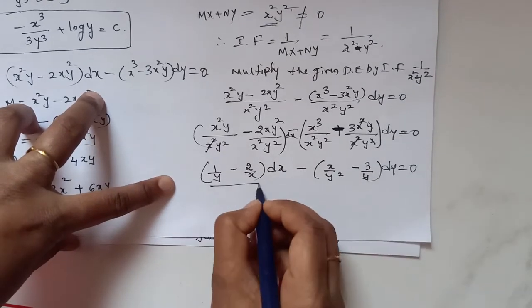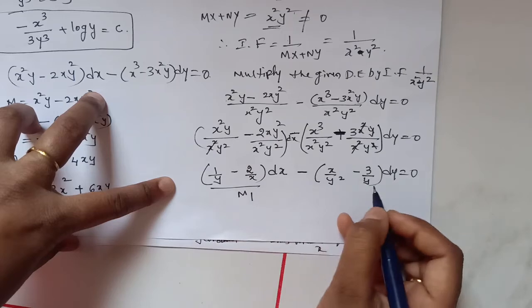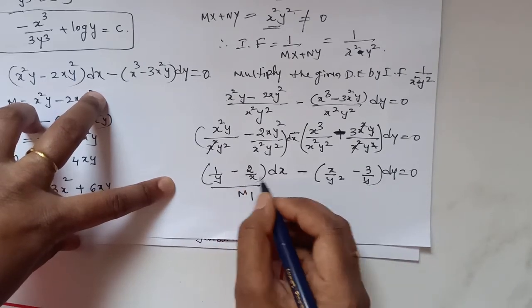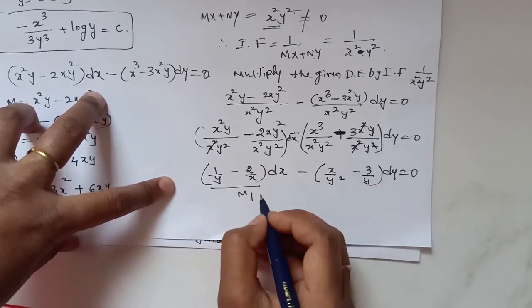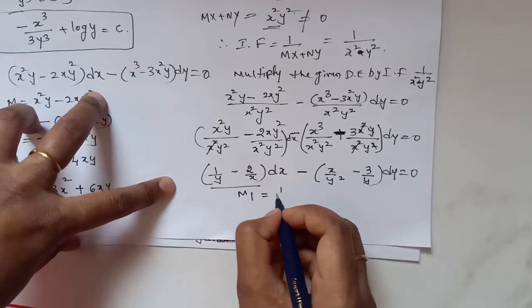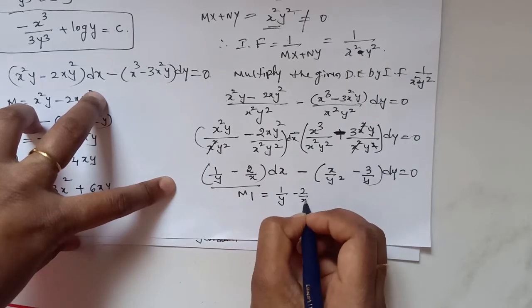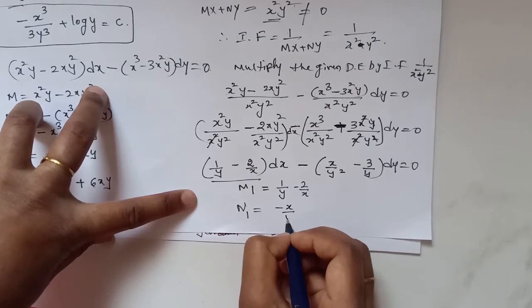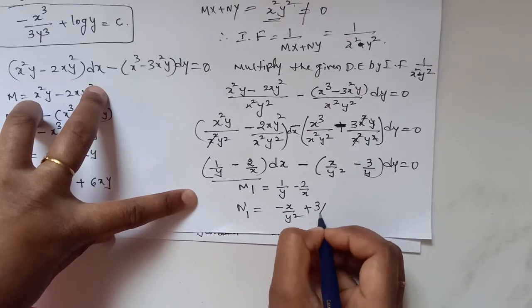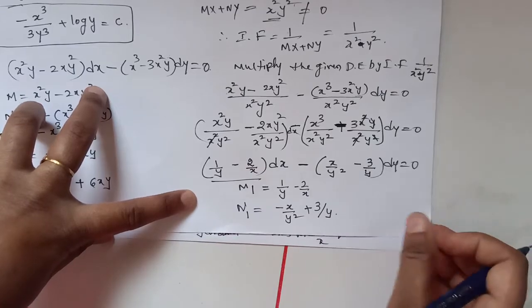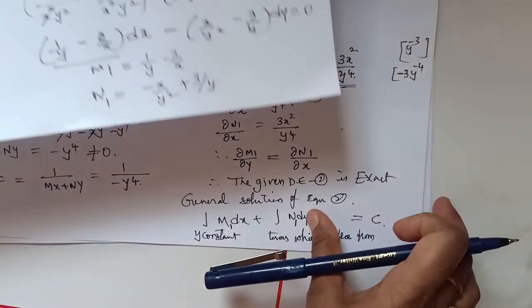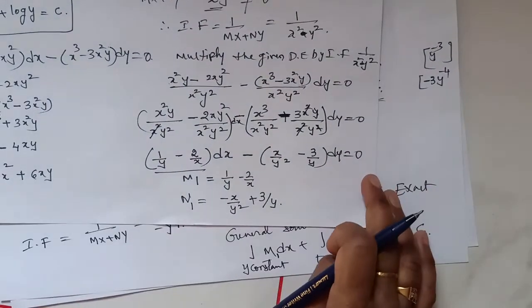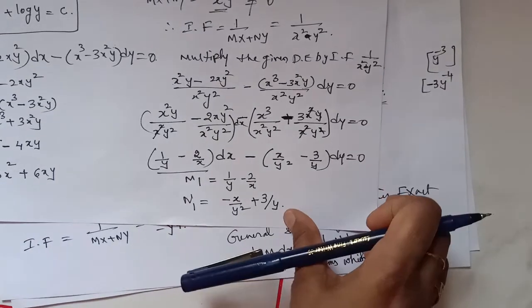Now again we got the M dx plus N dy form. Here M1 is 1 by y minus 2 by x, N1 is minus x by y square plus 3 by y. Okay, we need to check whether this is an exact differential equation or not.